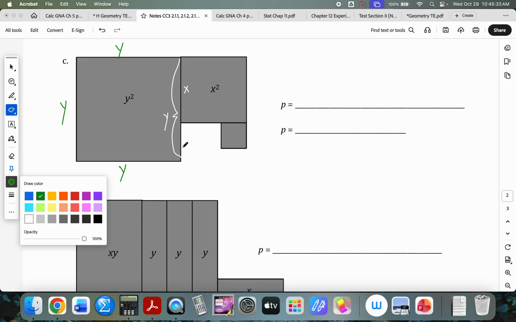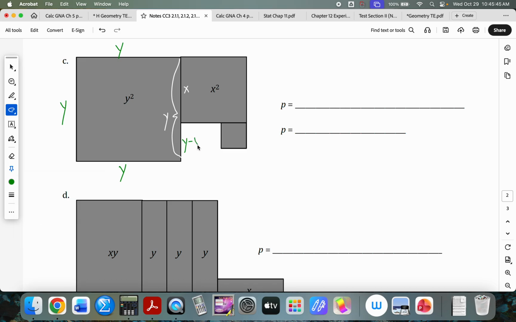So what's left for this little piece out here? The whole thing is y. Y minus x. Exactly right. Very good. This is y minus x, because the whole thing was y, and this part of it was x. So if we subtract, we get the part that's left.